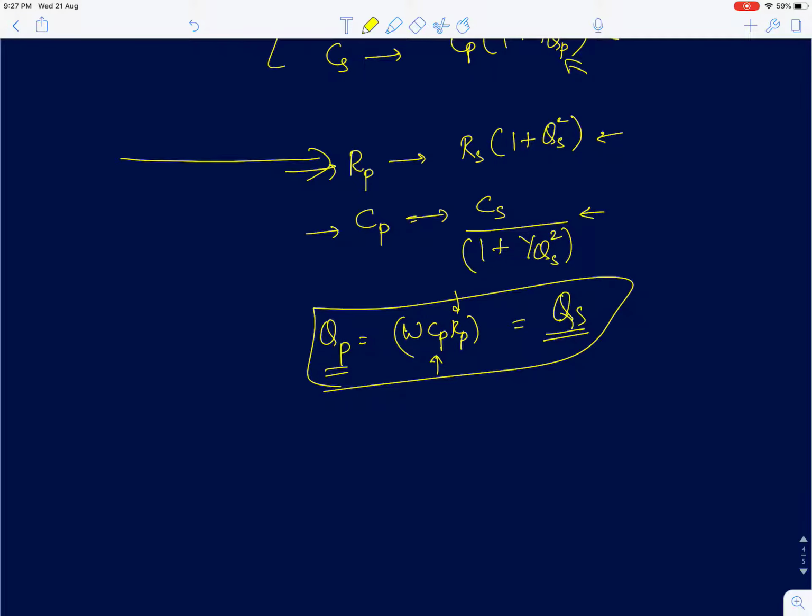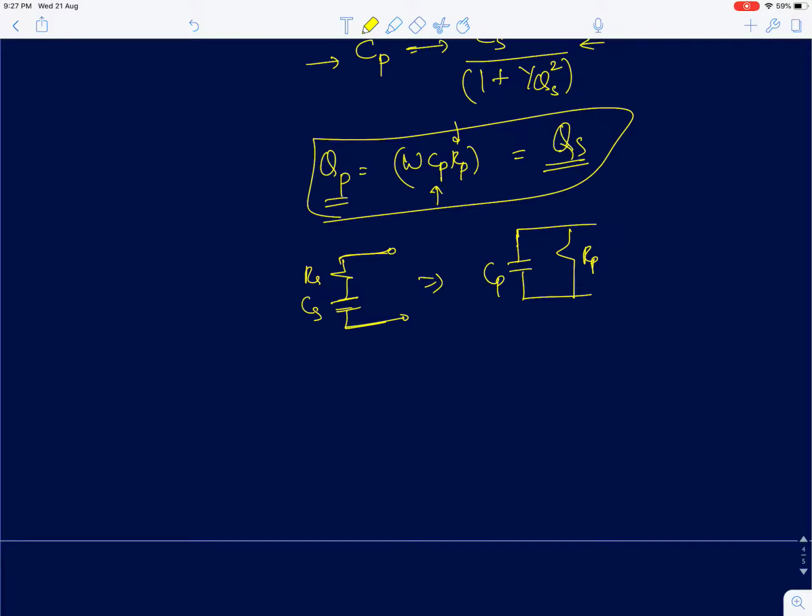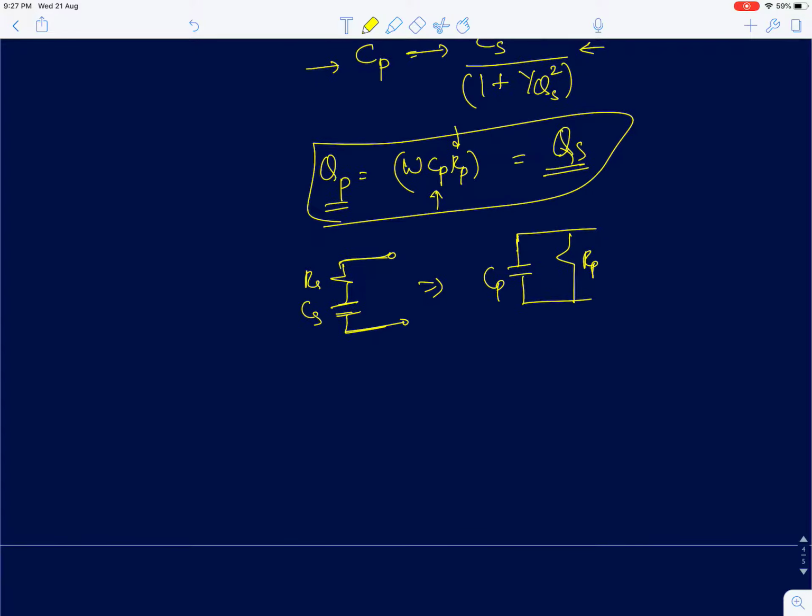So when you convert a series RC circuit to a parallel RC circuit, the Q you compute for both the circuits, even though the equations are slightly different, the final result is actually the same. After some simple algebraic manipulations, you can show Qs equals Qp. Okay. So again, you can easily verify.